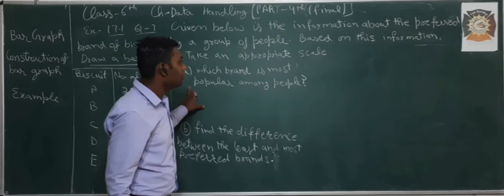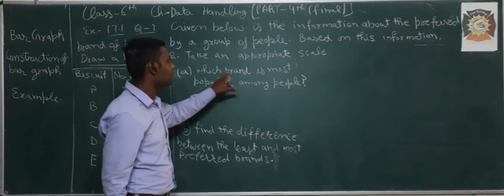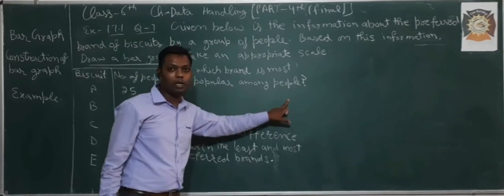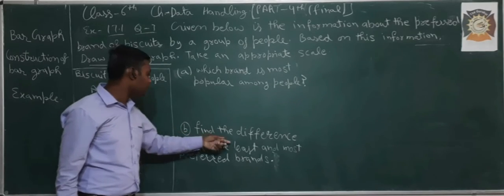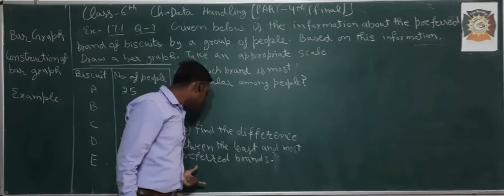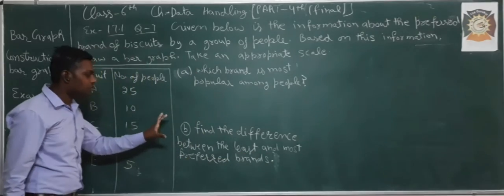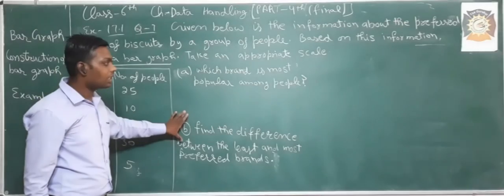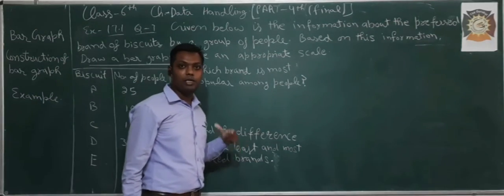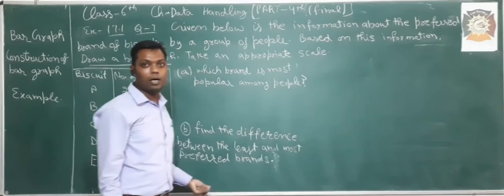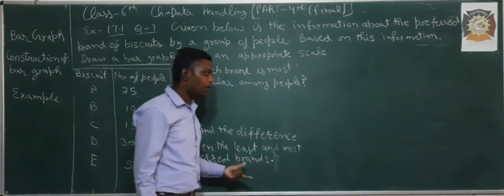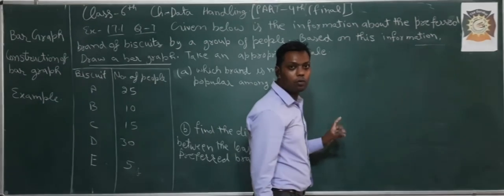The first question is, which brand is the most popular among the people, and the second is to find the difference between the least and most preferred brand. We can answer these directly, but we will answer them based upon the bar graph, after drawing it.